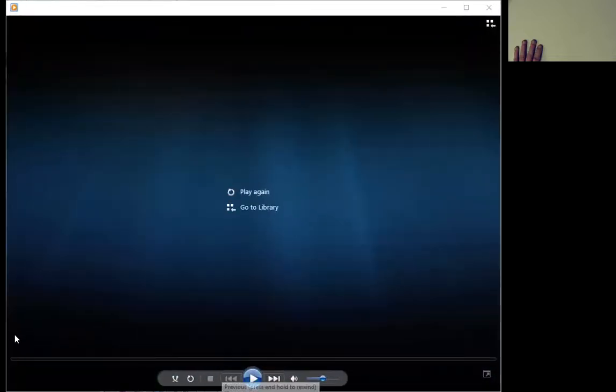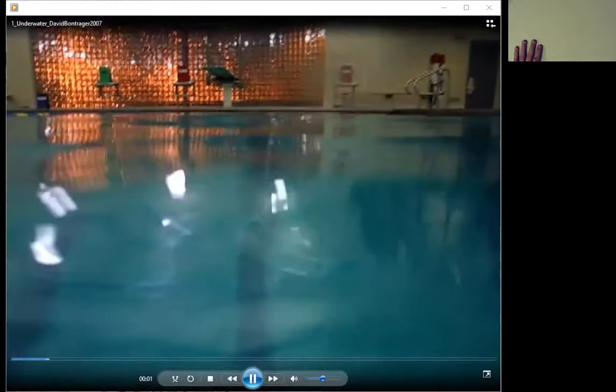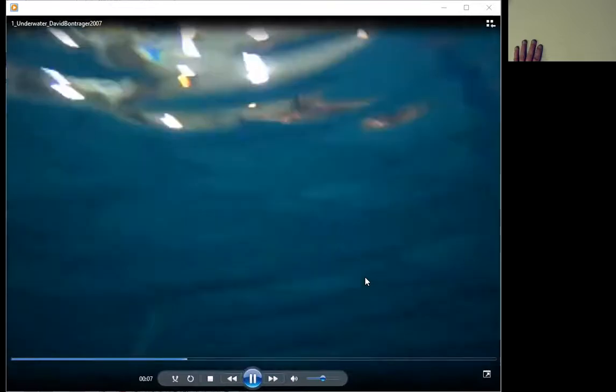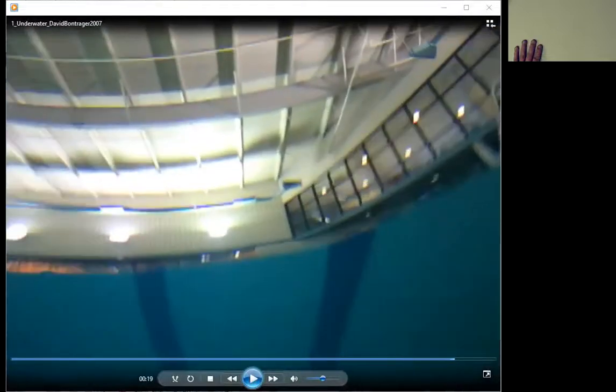So he's starting out above the water, dipping into the water, and now you're seeing the lane markings on the bottom of the pool. And then he looks up toward the surface. And if I can stop this at the right moment, he's looking around in different directions and right about, no, that's not the best. There's an excellent one.